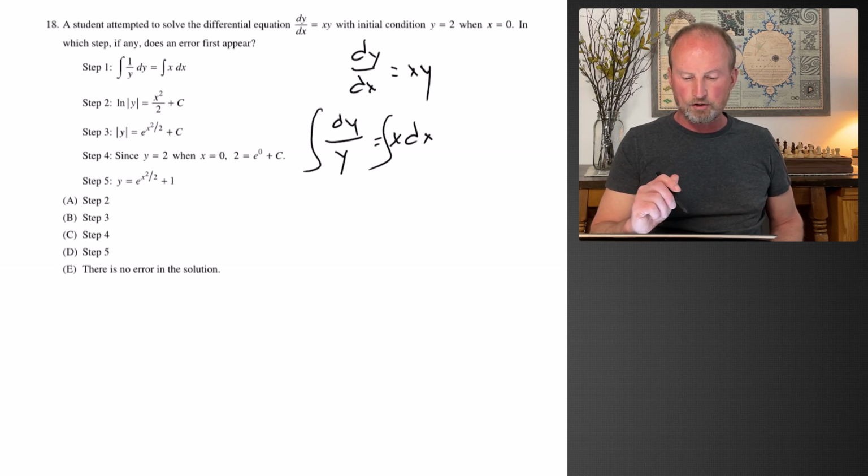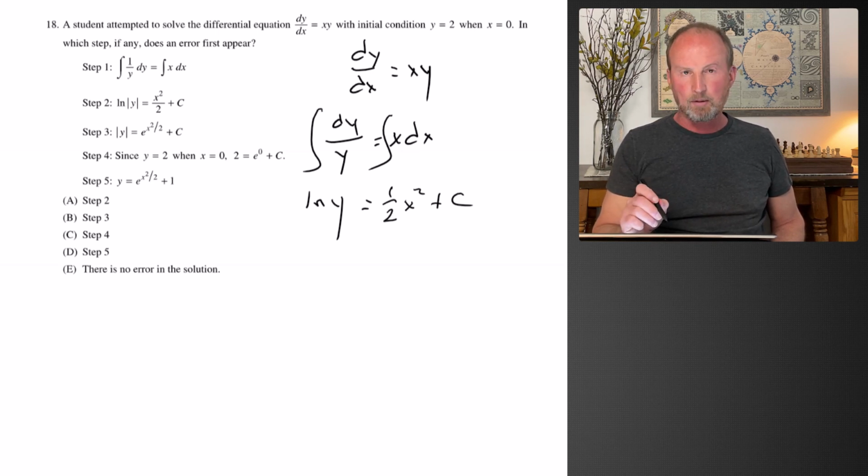Step 1 looks good. Recognize that 1 over y dy is the same thing as dy over y. Integrate this: the derivative of a natural log is 1 over y, so this becomes ln of y. The integral of x is 1/2 x squared plus c. Step 2 looks good.